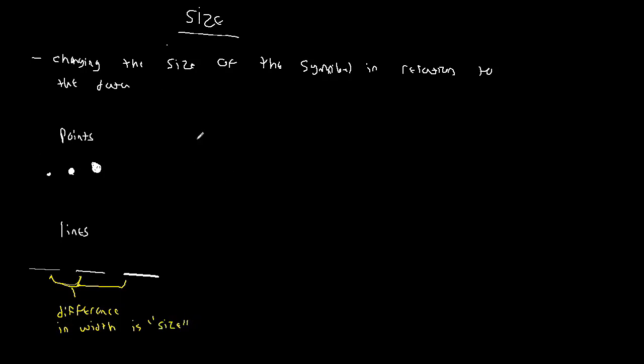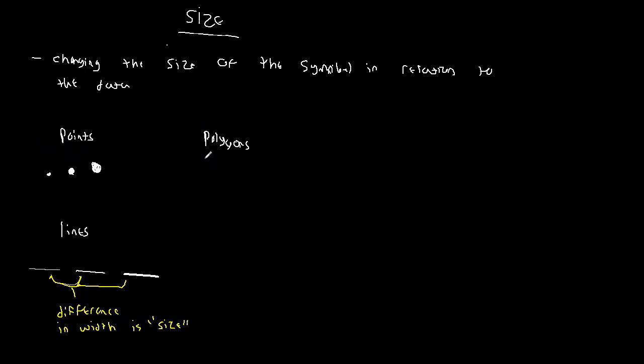Right, now you might be asking, well, what about polygons? Now, as a general rule of thumb, I don't use the size visual variable with polygons. What I tend to do is I tend to convert the centroid of the polygon to a point and then use size for the points because it's just much easier.